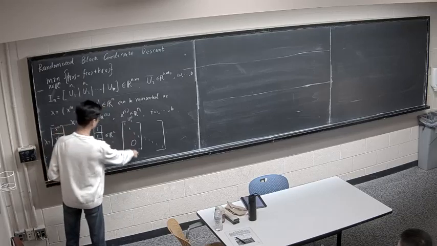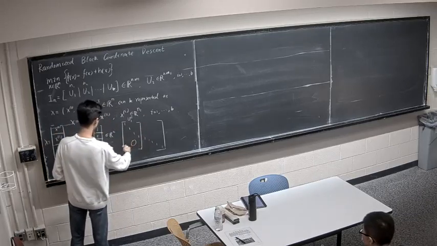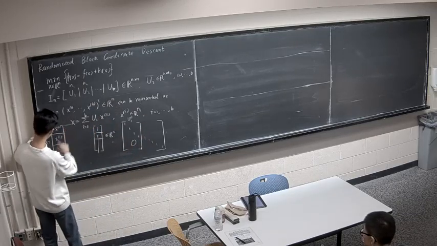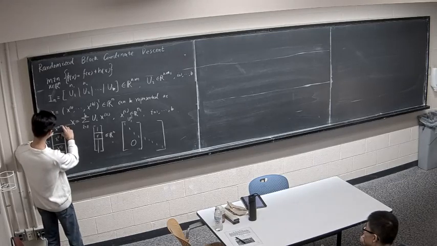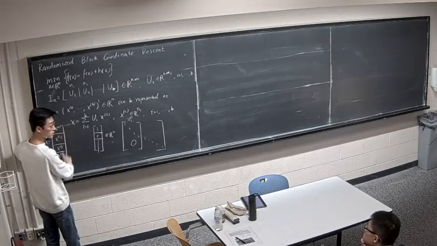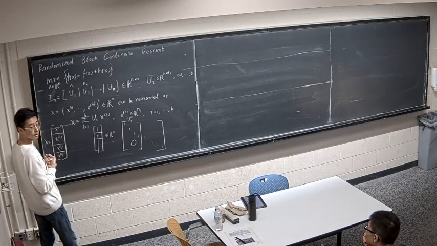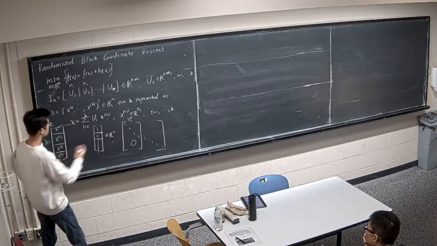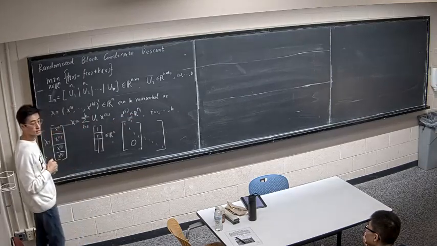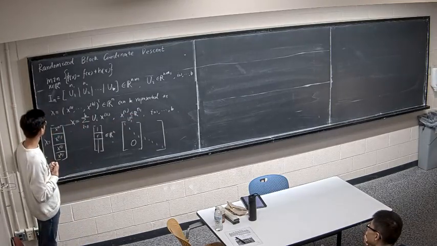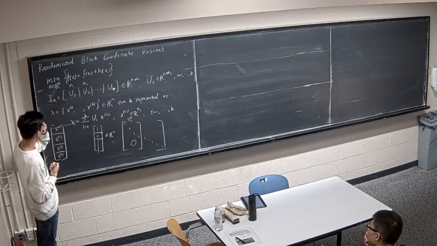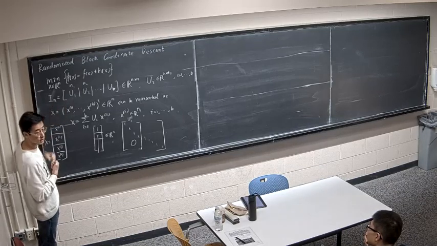If you do this multiplication with x, you just have x1 here, but others are 0. That's the idea. The sizes of x1 and x2 are not necessarily the same. They are ni, and can be different, depending on the decomposition that you chose for your identity matrix.